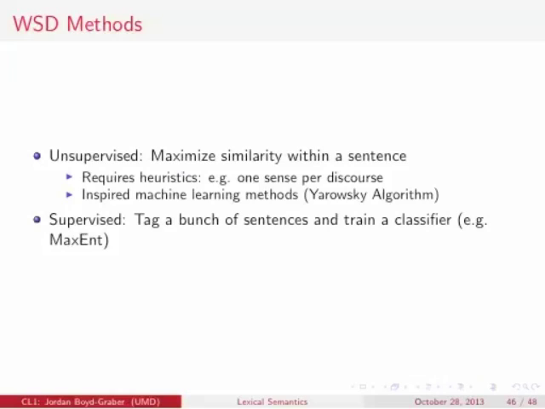We won't talk about these techniques in this course. If you want to learn more about it, you can take the follow-on course next semester with Philip Resnik. The supervised approach is what's used most often in research, and the way this works is you take a large corpus, you tag a bunch of sentences, and then you train a classifier, for example, using a maximum entropy classifier like we talked about last week.